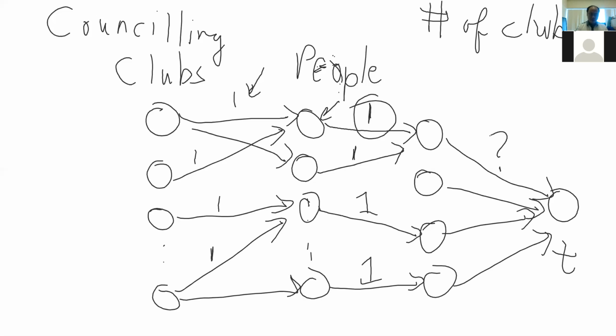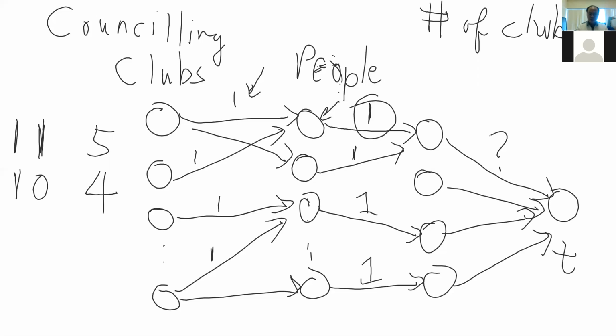So what is half? Well, let's try some examples, because when you talk about half, you have to worry about rounding up or rounding down and divide by 2. So if the number of clubs is 11, the largest you can have is 5, because 5 is less than half. 6 is bigger than half, so we can't do that. If the number of clubs is 10, then 4 is the largest you can have, because 5 is actually half.